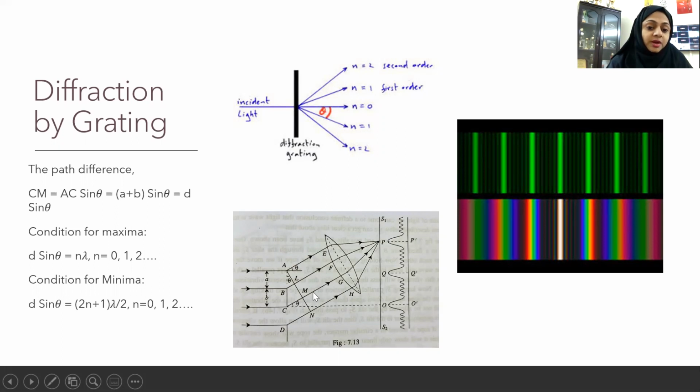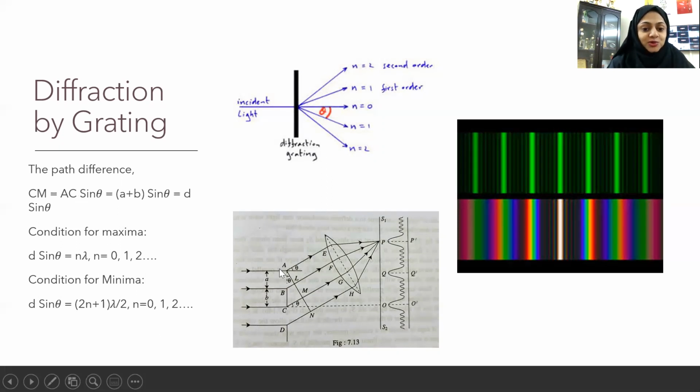So consider the triangle ACM, where this angle is theta. AC will be the hypotenuse, CM will be the opposite side. So sine theta will be equal to CM by AC. Therefore, we get that CM, the path difference, is equal to AC sine theta.